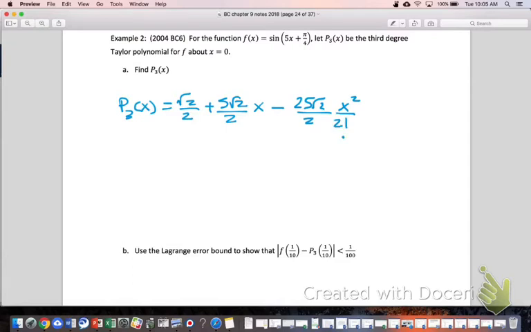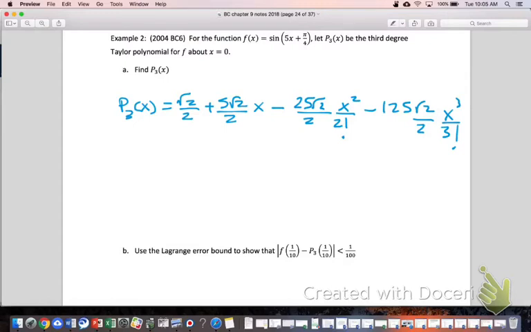And then the last one was probably minus 125 root 2 over 2 x cubed over 3 factorial. Am I doing that accurately? Okay. So that's kind of where we were last time.